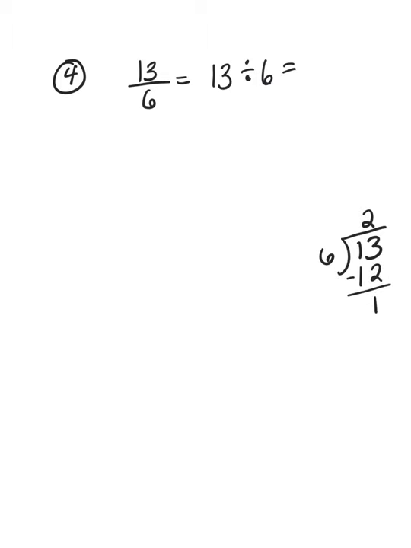I have 1 left over. My remainder, 1, is going to be my numerator, or the top number of my fraction. And my divisor, 6, is going to be the bottom number of my fraction. So 13/6 is equivalent to 2 and 1/6.